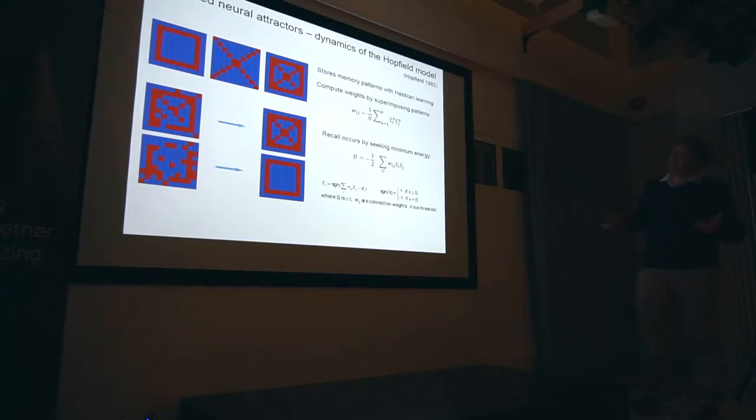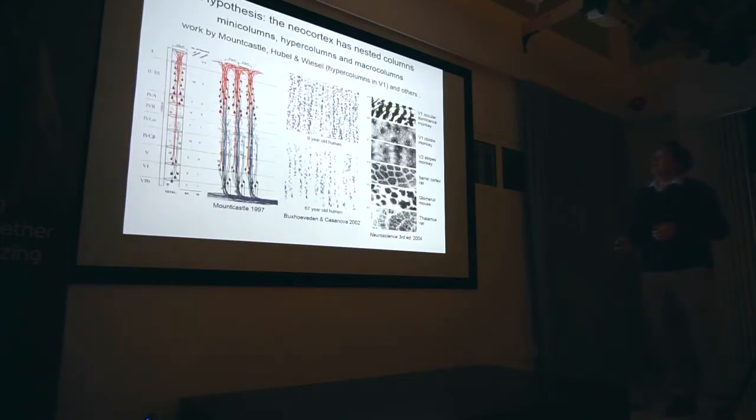This can be images, it can be arbitrary patterns, and you can, in batch, compute the weights together, and then you can present a small part of that, and by seeking minimum energy of the network, it will converge to one of the stored memory patterns. And this can be done in batch, but it can also be done incrementally. Adding new training can be done that way.